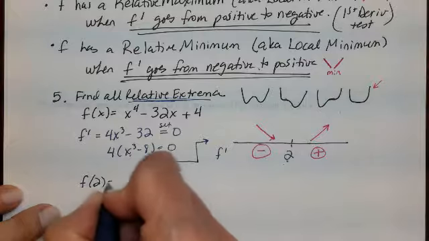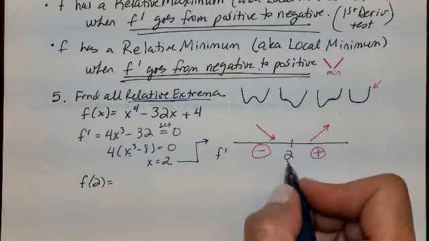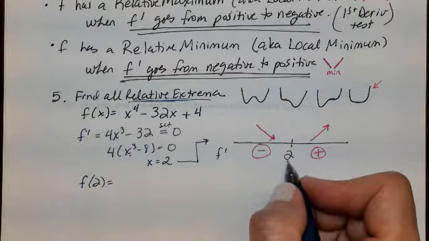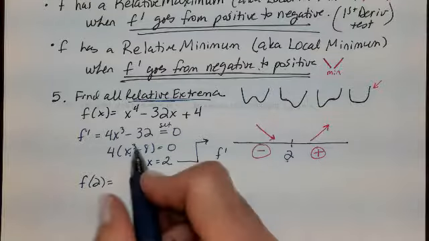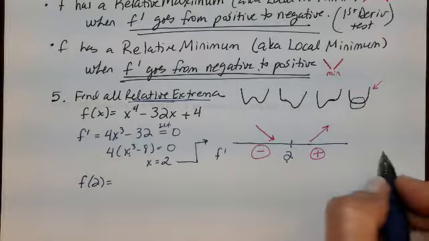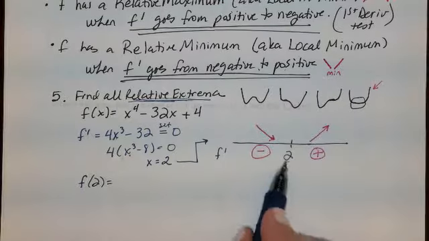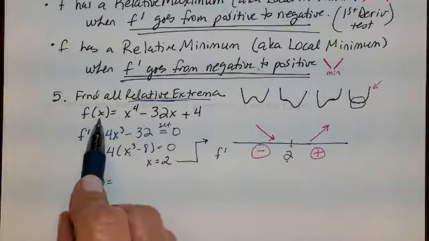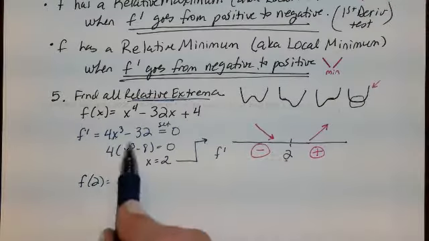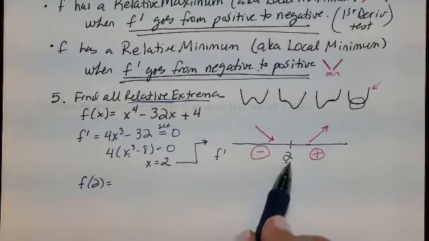I get kids all the time say, Miss Murray, do you put that into f prime or into f? I'm like, well, what are you looking for? Are you looking for the y value of f prime, or the y value of your function? You're looking for the y value of your function. So of course you would put it in for f. And by the way, if you put it in for f prime, you better get 0 because that's how you found that number, right? So yes, you put it in for your original function.